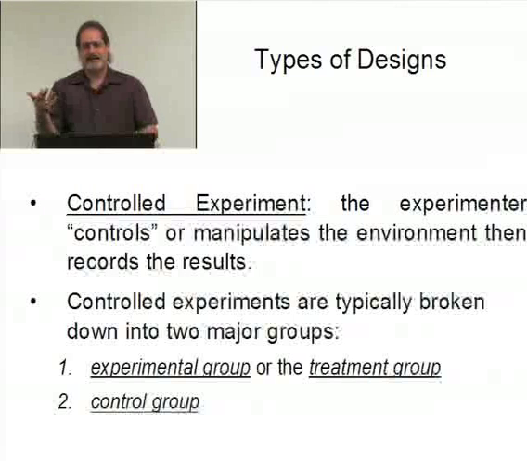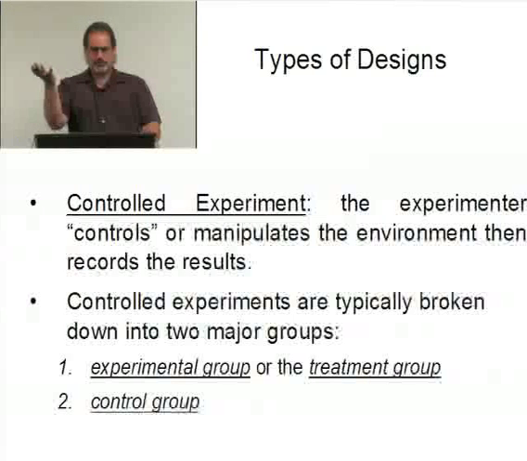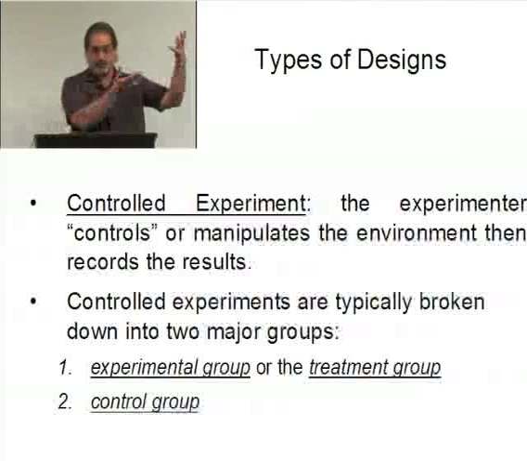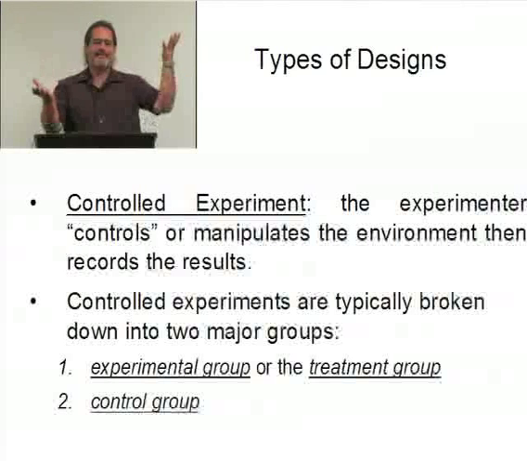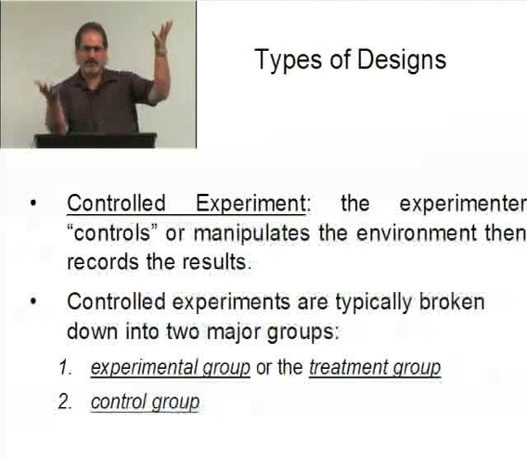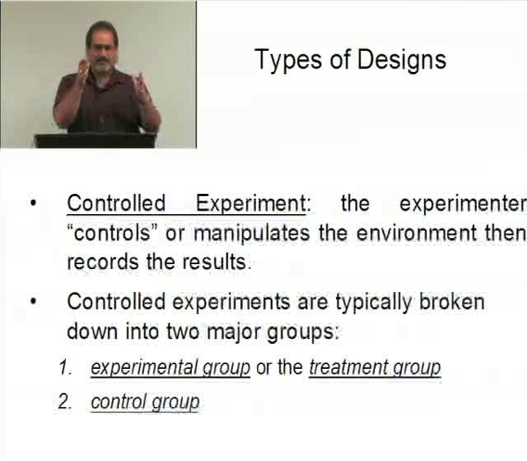And the idea behind this is that if we have this control group, this group that's not getting anything, or perhaps a current treatment, and we compare it with this treatment group that's getting the new treatment, now we have a baseline for comparison to see if our new process, our new treatment, whatever it is that we're working with, is actually doing better than the other was. So that's the basic idea behind breaking up a controlled experiment into the experimental, or commonly referred to as treatment group, and the control group.